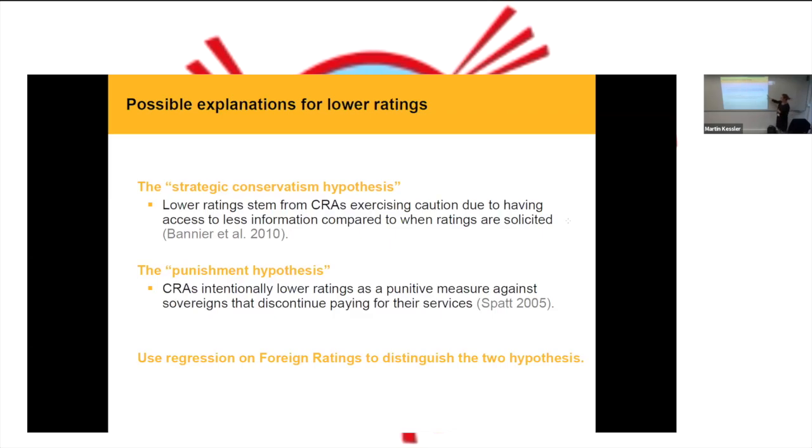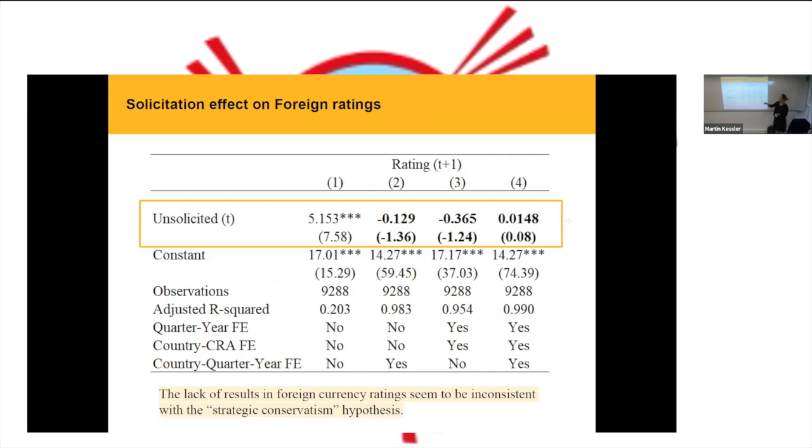So we do several tests to see what's the most probable hypothesis. For the moment, we use, for example, foreign currency ratings to distinguish. The effect that we saw, column by column for local currency, does not exist for foreign currency.